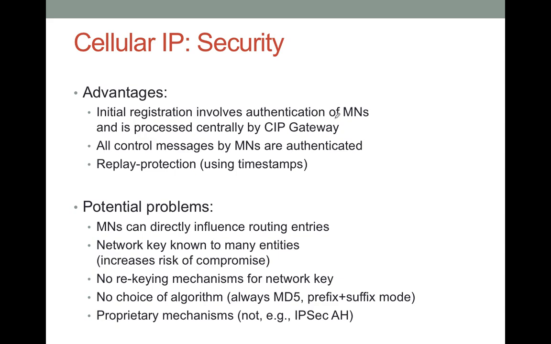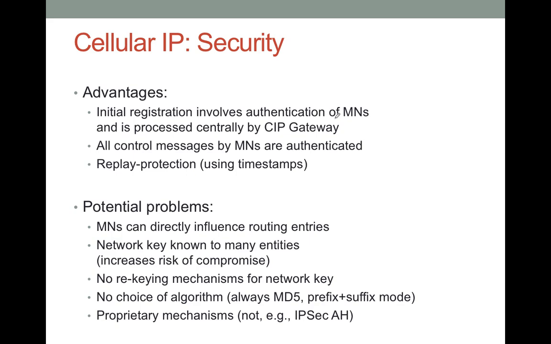Replay protection means that if there is any attack using a replayed packet, it will be protected against, because in CIP they use a timestamp, meaning the packet is attached with the current time. So if you replay that packet, it will not be valid because the time is already invalid.